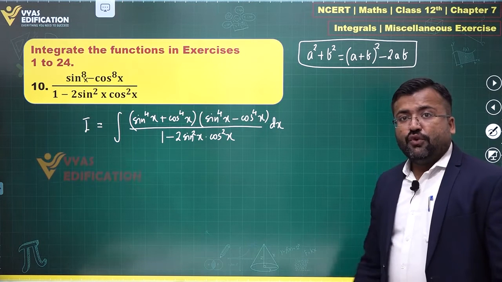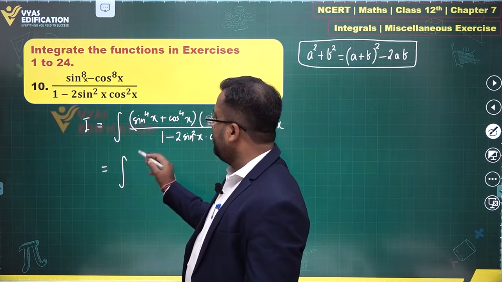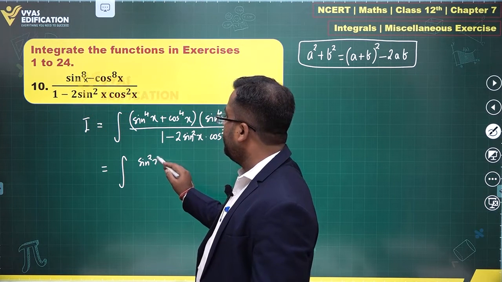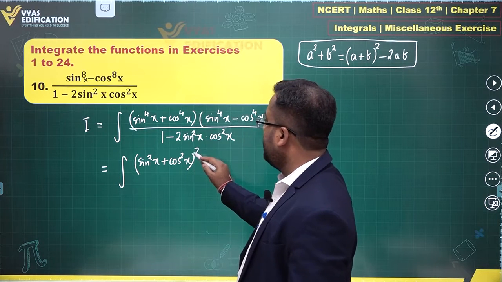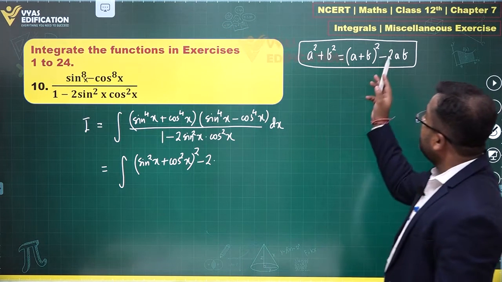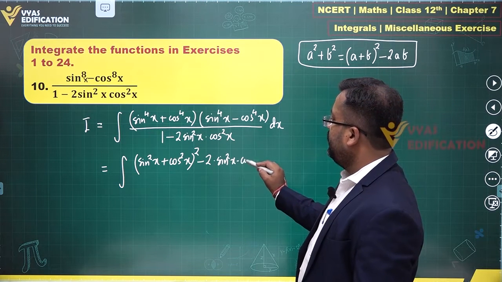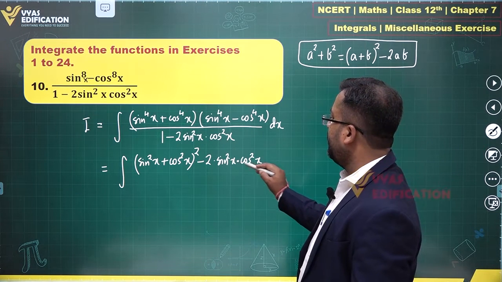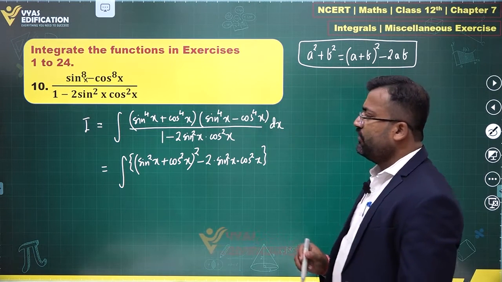A square is sin power 4, therefore a is sin square, right? We are taking a as sin square, so this becomes the integral of (sin square x plus cos square x) whole square minus 2 times sin square x into cos square x. This is what you have. This is one of the terms. This other term, what does this simplify into?